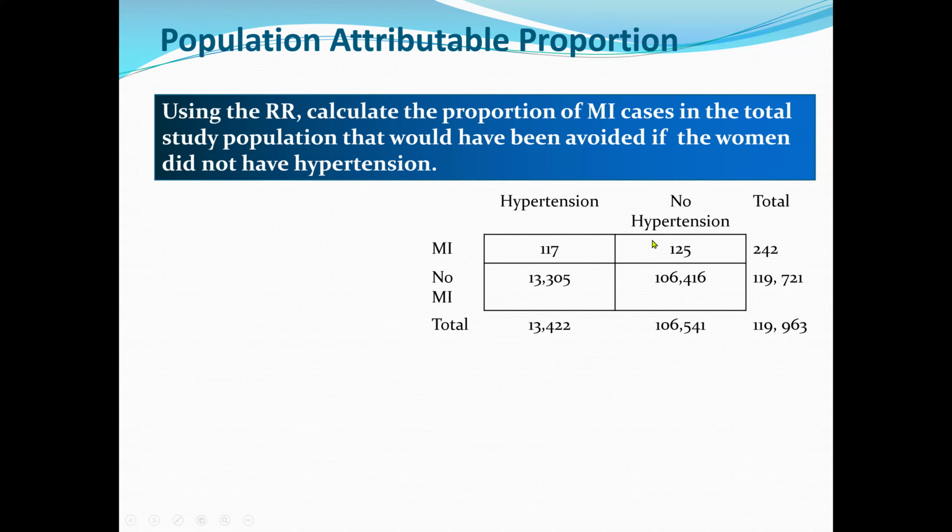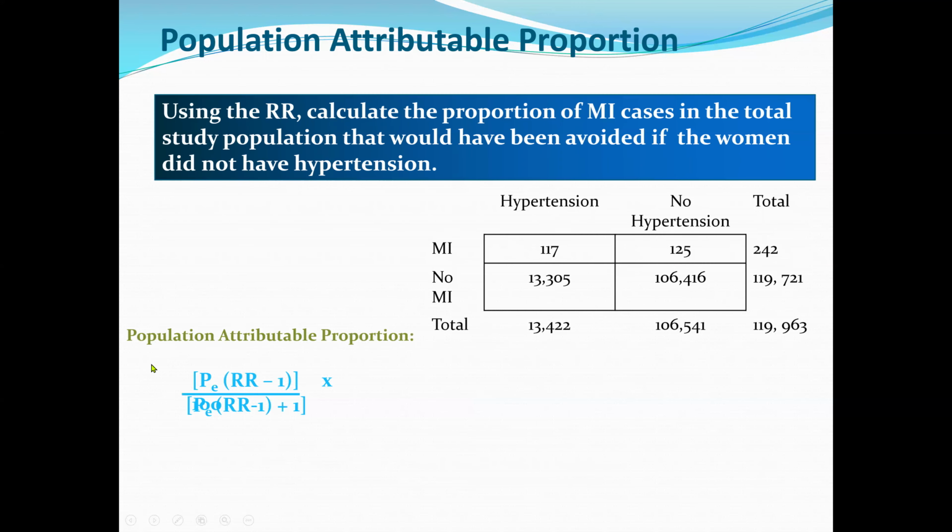So the total MI is 242, that's 117 plus 125. The whole total population, both exposed and not exposed, is 119,963. The total population without MI is 119,721.